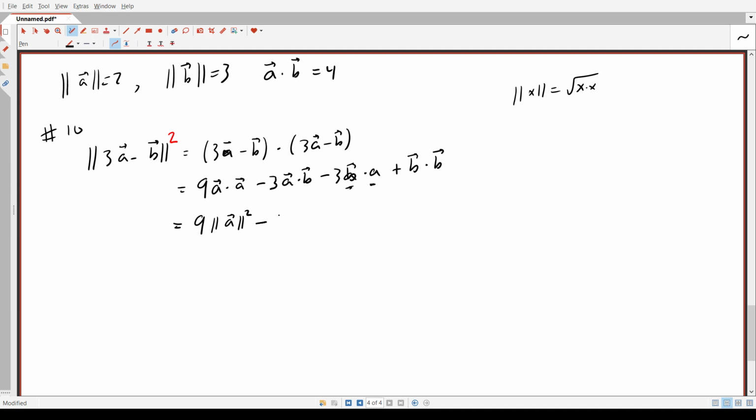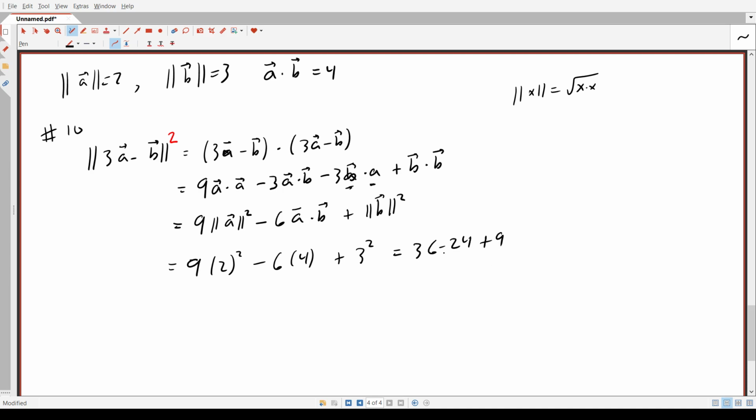So this becomes minus 6a dot b plus norm b squared. Plugging in numbers, I have 9 times 2 squared minus 6 times 4 plus 3 squared. 9 times 4 is 36 minus 24 plus 9.